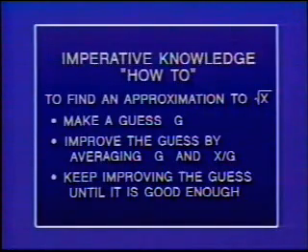And you keep improving the guess until it's good enough. But that's a method. That's how to do something, as opposed to declarative knowledge that says what you're looking for. That's a process.